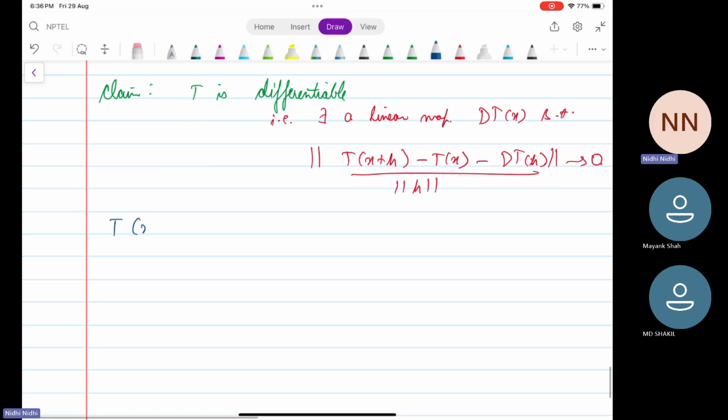So if we consider T(x plus h) minus T(x), this will be dT_x of h.